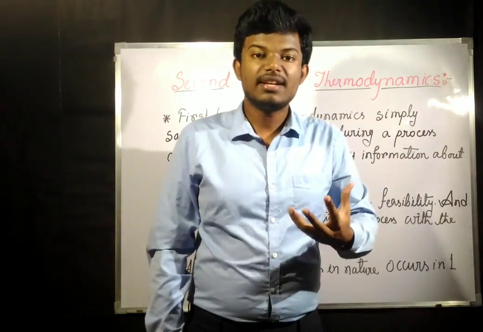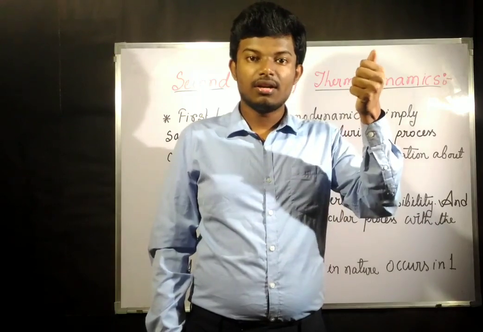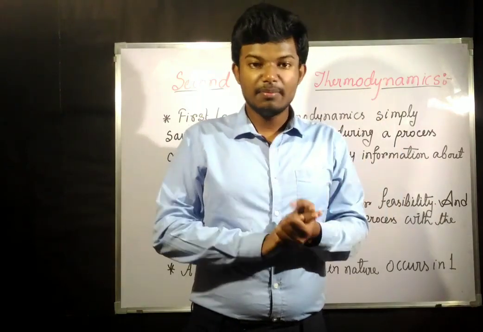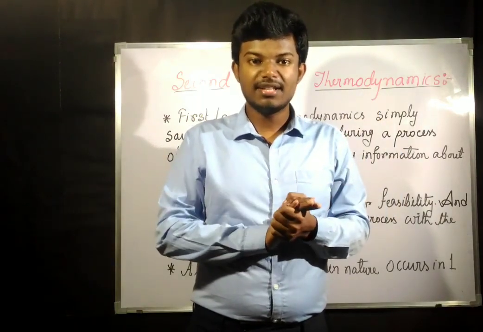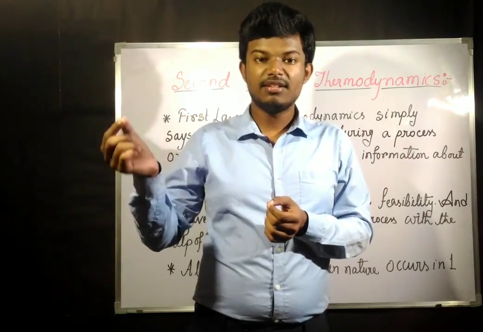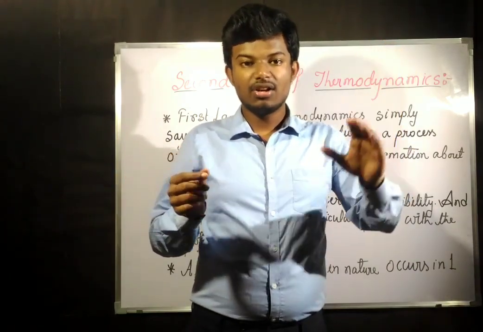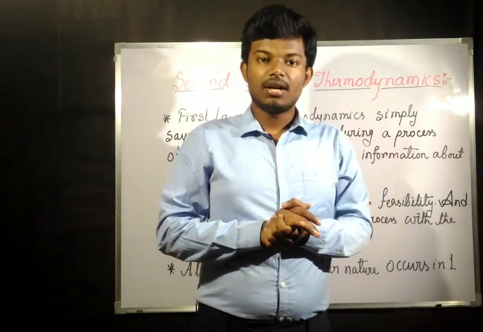We assumed the direction. Either it will be mentioned in the question or problem that from this pressure and volume it goes to this pressure and volume, or otherwise you cannot tell the direction of the process.